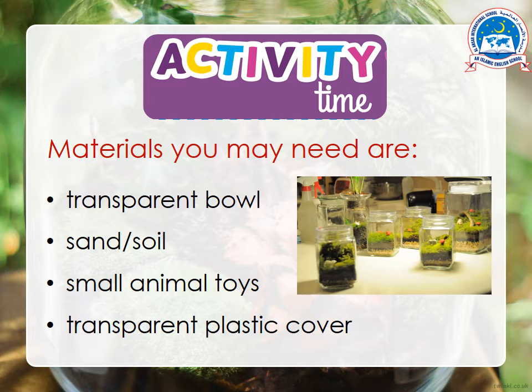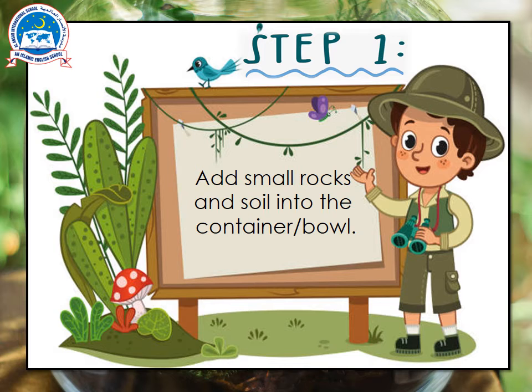You can use either of the two. Then we need some small animal toys. Yes, you won't be placing a real one. You'll practice by using some plastic toys. And then you need something transparent, like a transparent plastic cover to cover your terrarium.